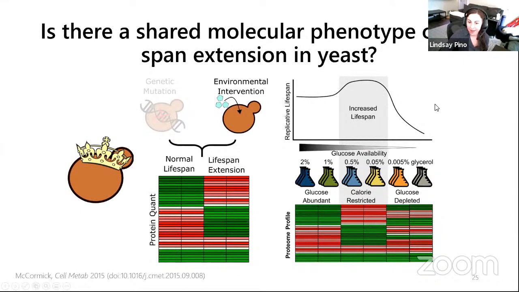At some point, when you decrease the glucose too far, when you limit its calories too much, the lifespan goes down, a starvation type of thing. There's a sweet spot in between, however, where the glucose is present but not overly abundant, where lifespan extends. There is a point of calorie restriction where lifespan increases in yeast. And I said, okay, this is going to be it. This is where I'm going to see my proteome changes.